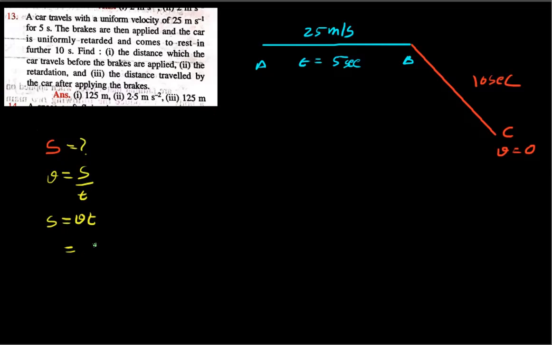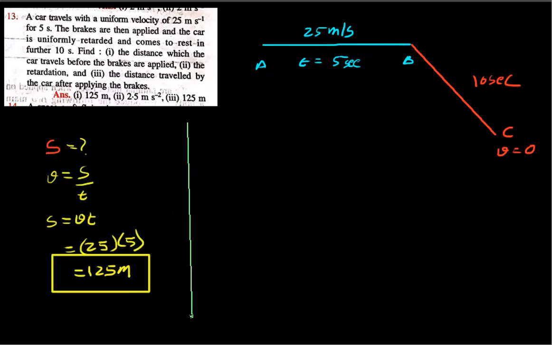Now remember, velocity from A to B is 25 meters per second multiplied by the time from A to B, it takes 5 seconds. So multiplied by 5, which is equal to 125 meters. So this is our first answer.